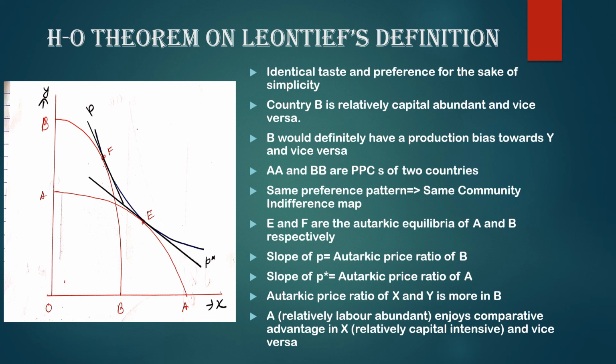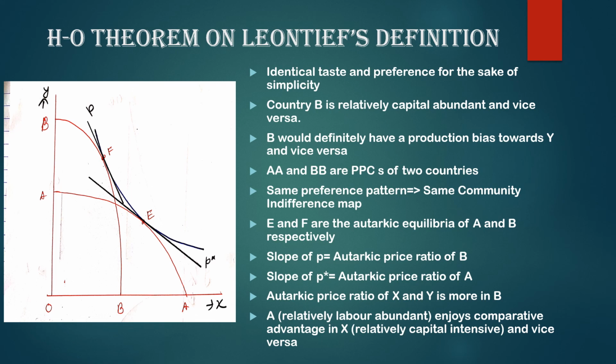So the autarkic price ratio in country B is more than the autarkic price ratio in country A. So Px by Py in country B is greater than Px by Py in country A. That means A will enjoy comparative advantage in X and B will enjoy comparative advantage in Y.